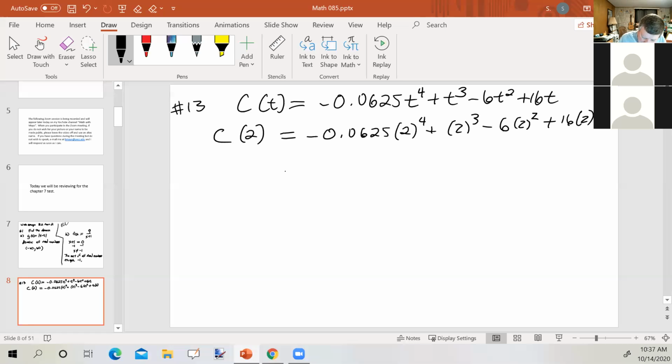When I do that, I get 15. So they would need 15 technicians. Now, does anybody want me to go through more specifically the calculations on the calculator?